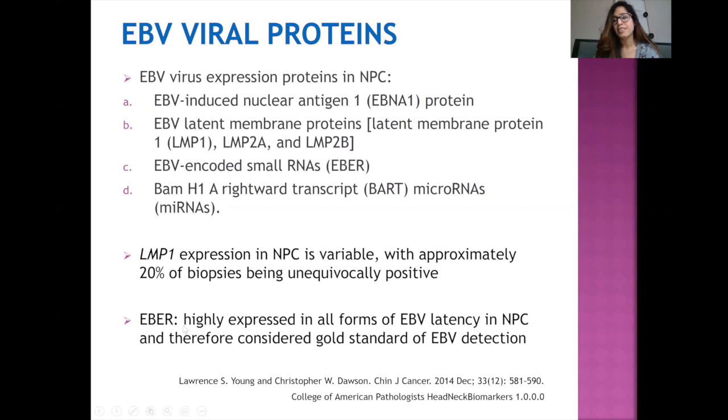A better test is actually EBER. EBER is highly expressed in all forms of EBV latency in nasopharyngeal carcinoma, and therefore is considered the gold standard. So instead of doing LMP1 immunohistochemistry, it's better in these cases to outright do EBER, because it's a much more sensitive and specific test for EBV detection in nasopharyngeal carcinomas.